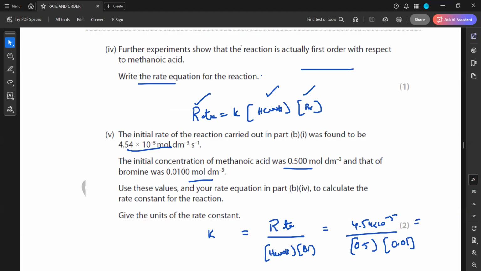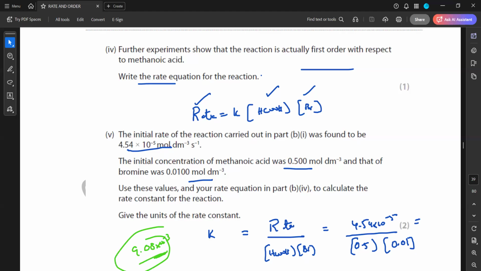What is the value for k? 4.54 × 10^-5 divided by 0.01 × 0.5. It is 9.08 × 10^-3. That is the value for k.